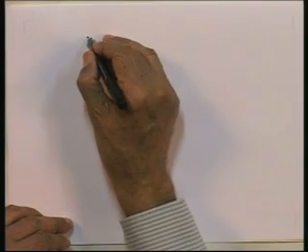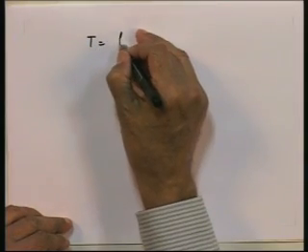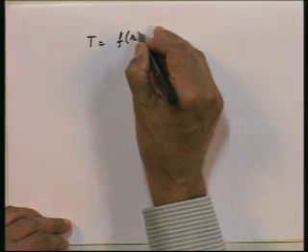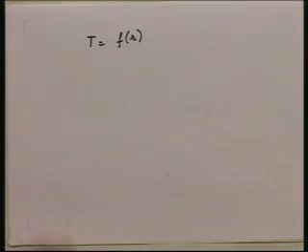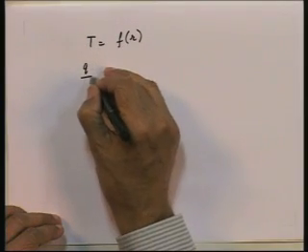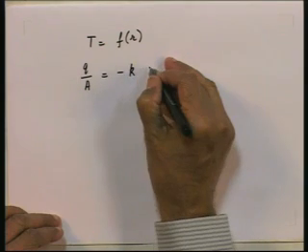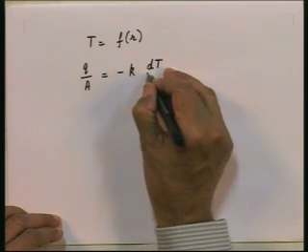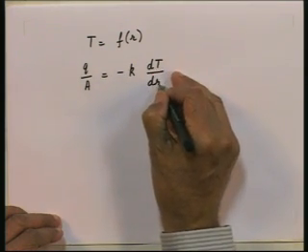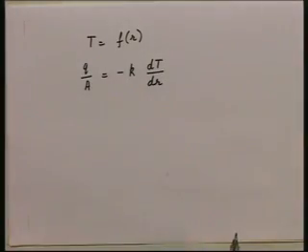So, the temperature will only be a function of r, the radial direction. It will not be a function of theta or z or of time because it is a steady state situation. Therefore, Fourier's law will yield q by A is equal to minus k dT/dr, where the dT/dr is an ordinary differential.